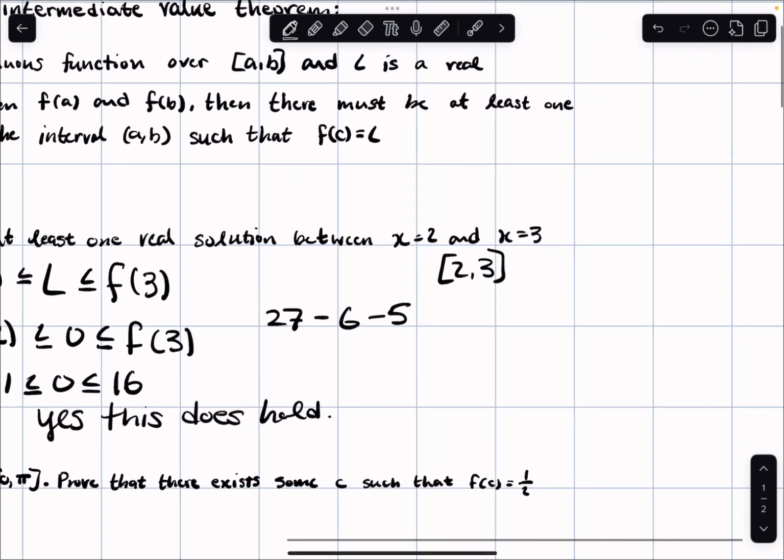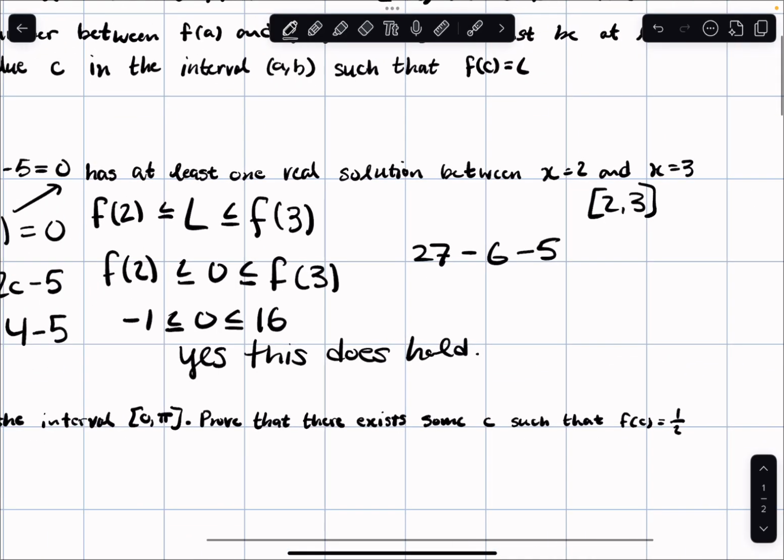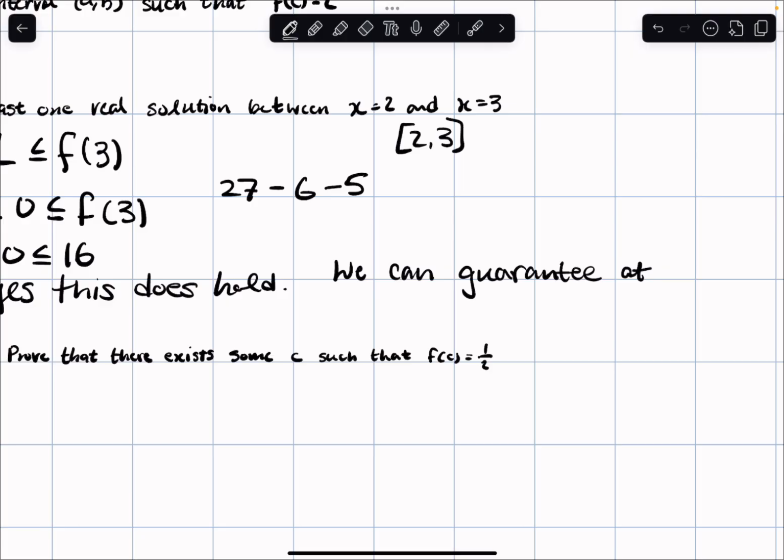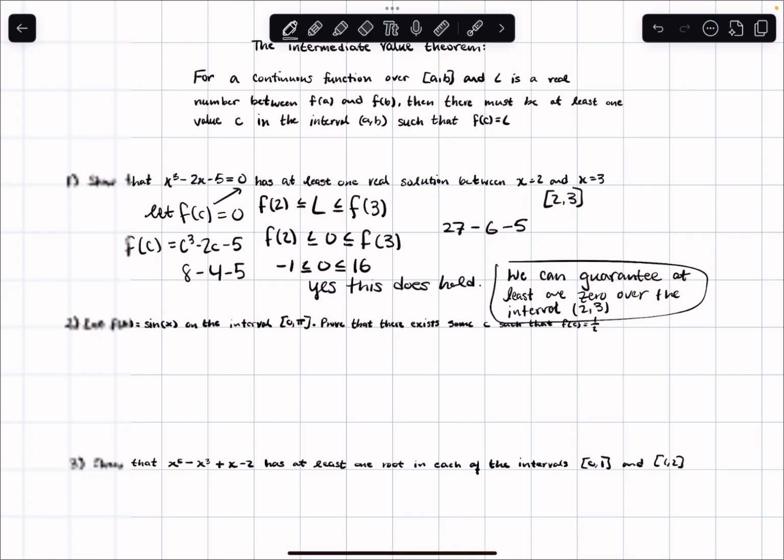So our proof statement could be: we can guarantee at least one zero over the open interval from 2 to 3. And that will be our proof statement.